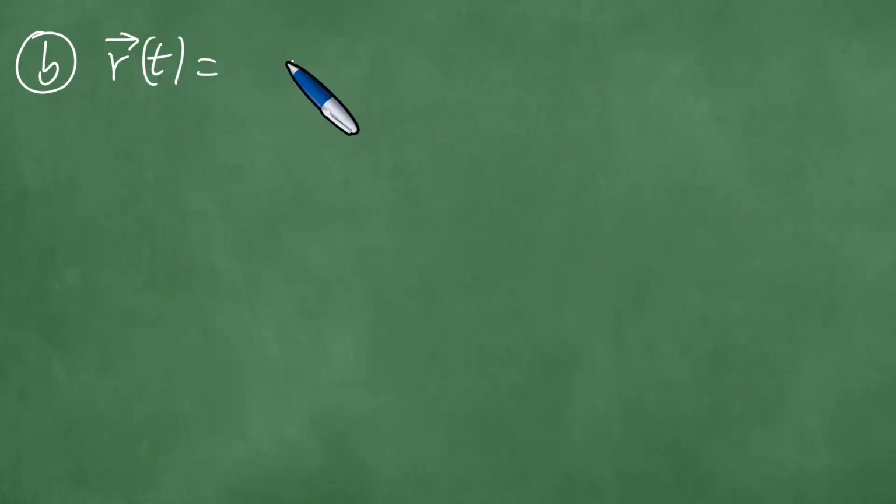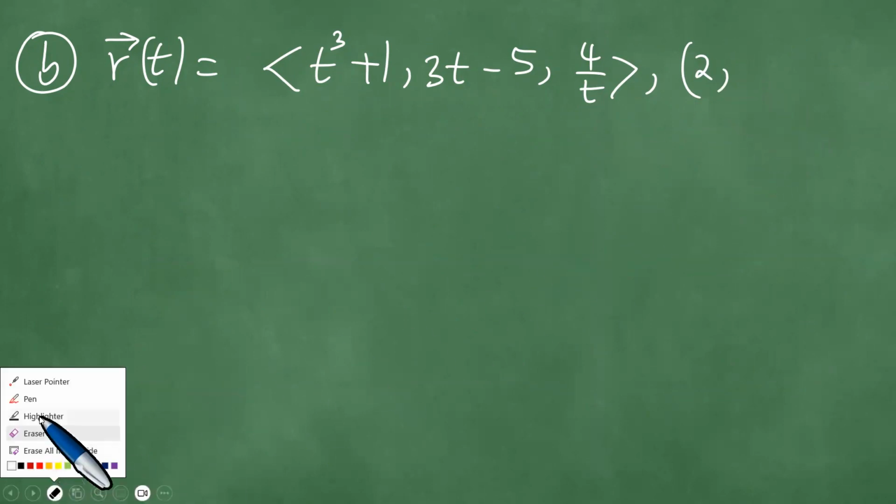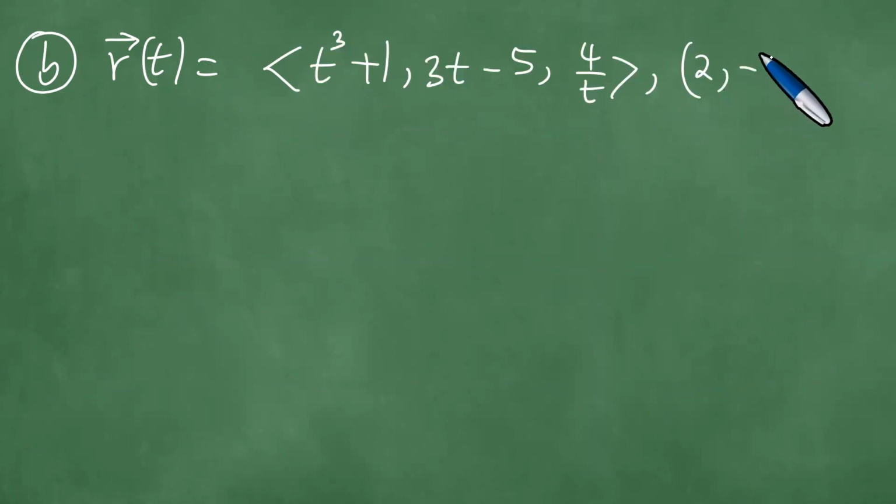The vector r is given with the pointed brackets, t cubed plus 1, 3t minus 5, 4 over t at the point 2, minus 2, 4.